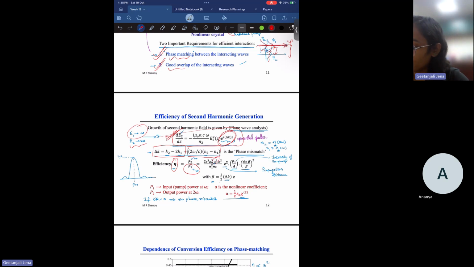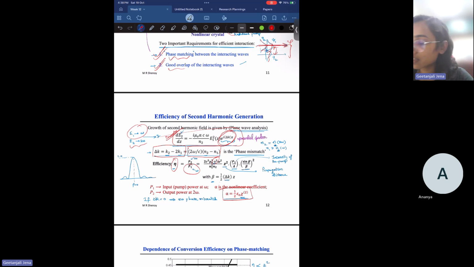One is alpha, a nonlinear coefficient given by half epsilon 0 chi 2. The efficiency is directly proportional to alpha square, that is, to chi 2 square. So the higher the chi 2, the higher the conversion efficiency, that is, you will get more power at the second harmonic frequency 2 omega.